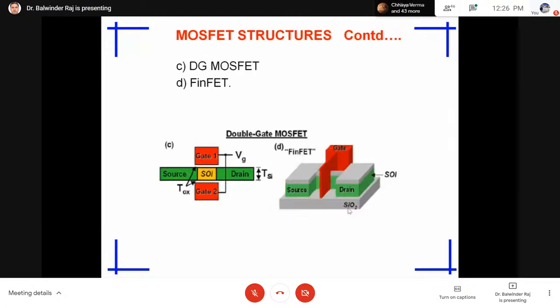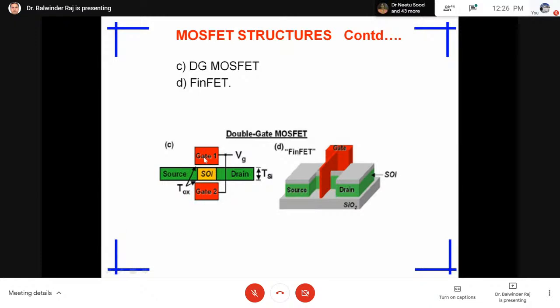So let's come to the double gate MOSFET and FinFET. As its name indicates, double gate, we have two gates instead of a single gate as in the bulk MOSFET. Due to the double gate, its driving capability is enhanced, or we can say doubled from the single gate, and the channel formation also takes place two times, front side and back side.